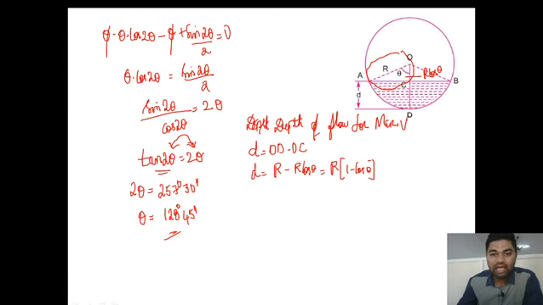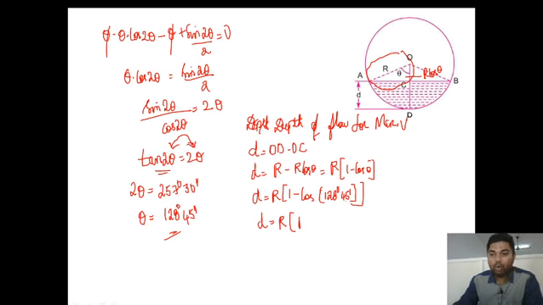The value of theta is 128 degree 45 minutes. d is equal to R (1 minus cos 128 degree 45 minutes). On simplifying the above value, we get d is equal to R (1 minus cos 128.45), which is around 1 plus 0.62.